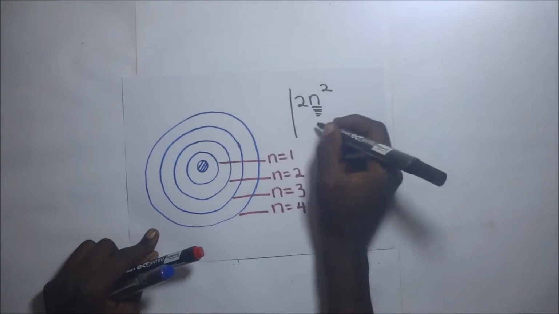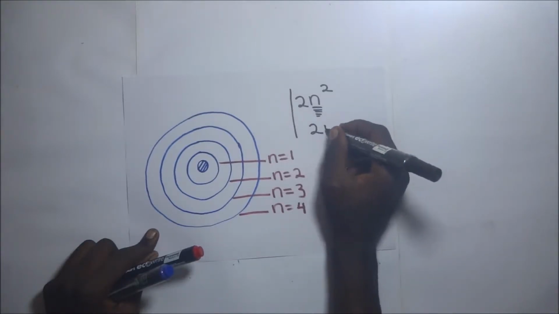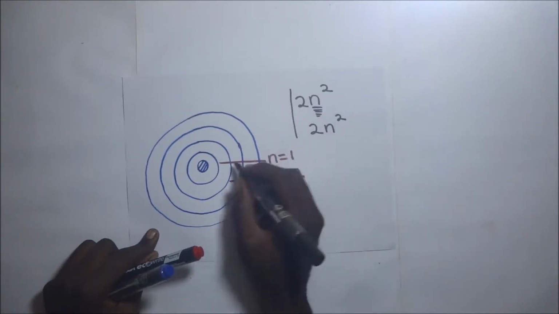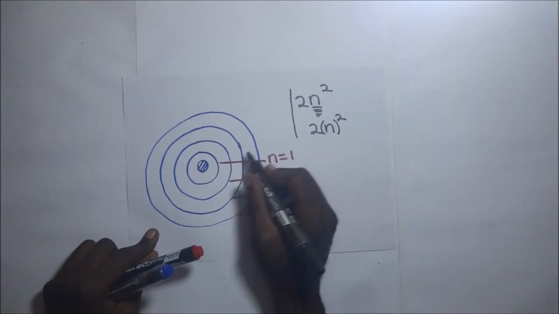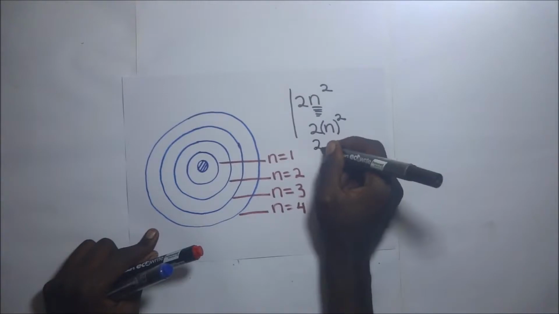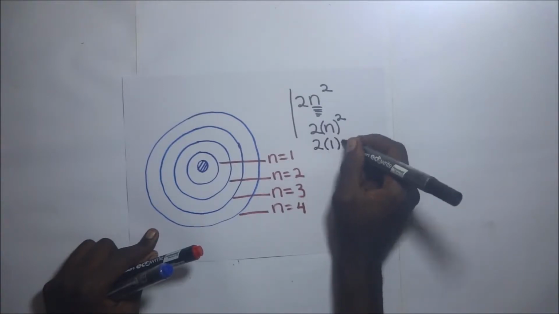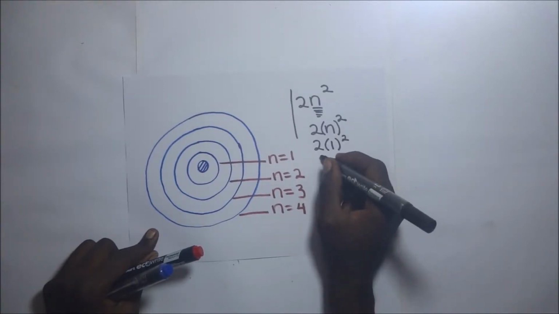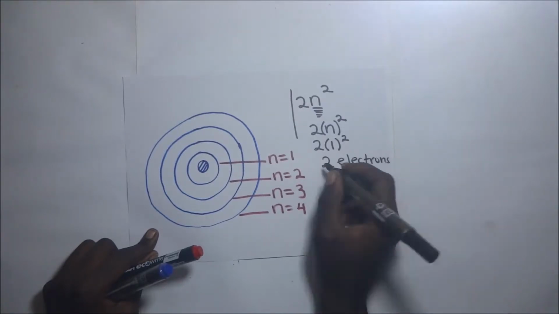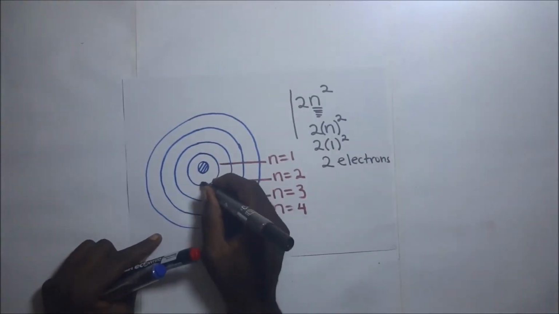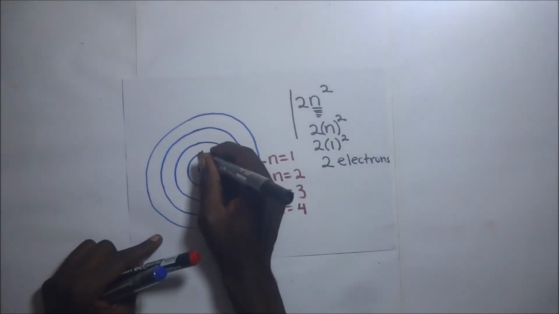For the first shell, n is 1, so we just substitute n with 1. And what do we come up with if we press our calculators? 2 electrons. So the first shell can carry only 2 electrons.